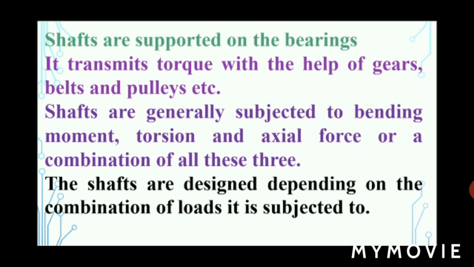Due to rotation of the object, it will experience torsion. And due to objects like belts, gears and pulleys, it will experience some forces, which may be axial forces. So by the combination of all these things, whenever you apply forces on the shaft mounted on bearings, gears and pulleys, it will undergo bending moment, torsion and axial forces.